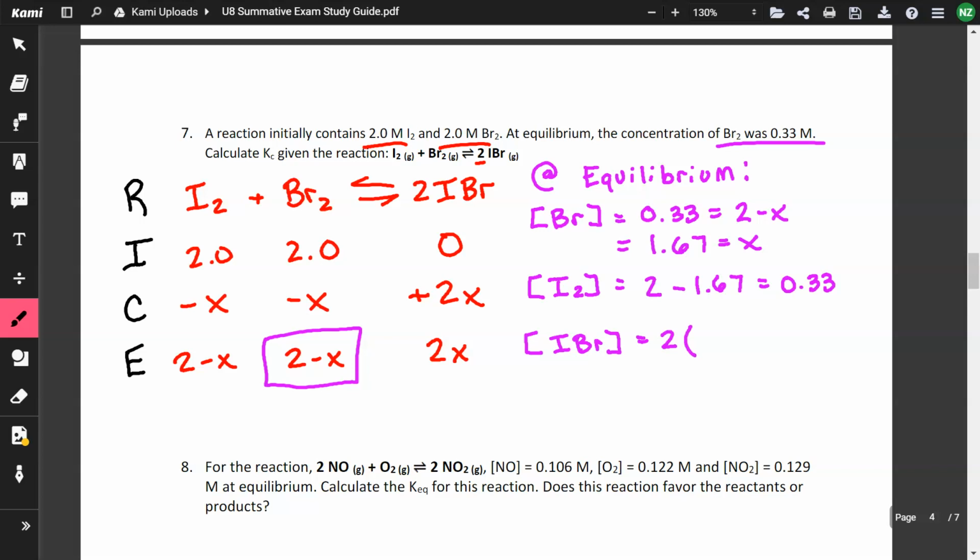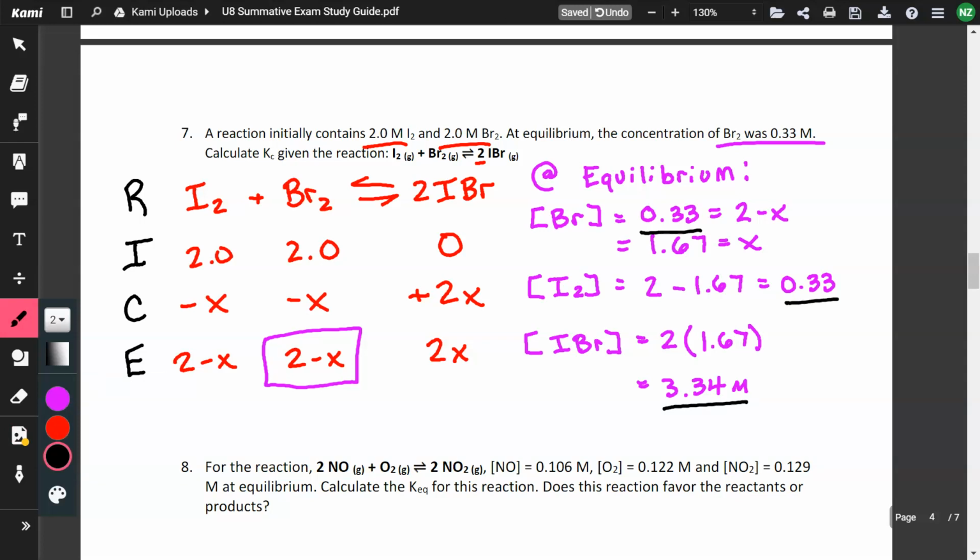Let's plug in what we've got. We're plugging in 1.67, so we get 3.34. All right, so we've got that, and we've got that.